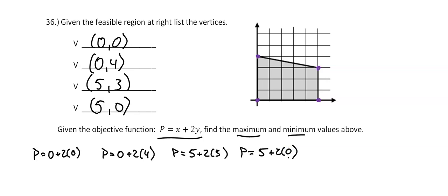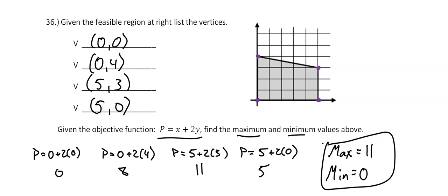And so after I plug each of those in, this guy gives me a 0, this guy gives me an 8, this guy gives me an 11, and this guy gives me a 5. And so the maximum value is the biggest one I have, that was 11. The minimum value is the smallest one I have, which is a 0, and that's it. Okay, so use the objective function, plug in those ordered pairs.